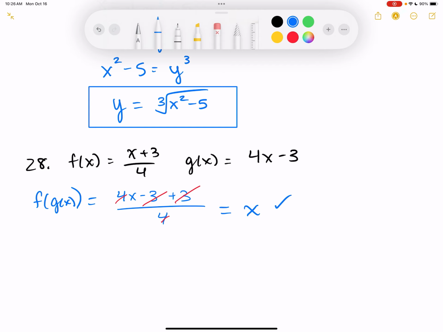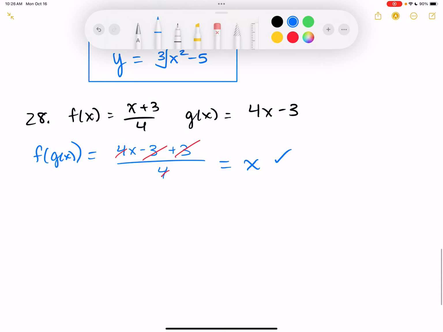So you're going to notice some of the verifications work out pretty nicely. 32 to verify 16, it's not so pretty. Then let's see, g of f of x is the other one. So now this x plus 3 over 4 is getting plugged in for x in g of x.